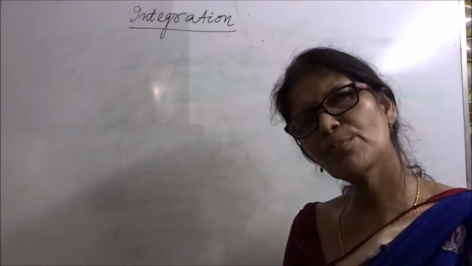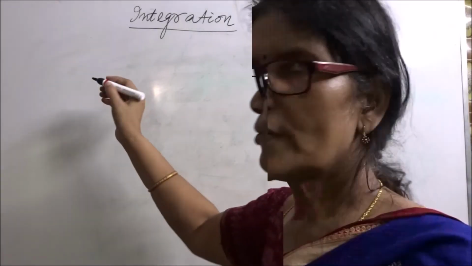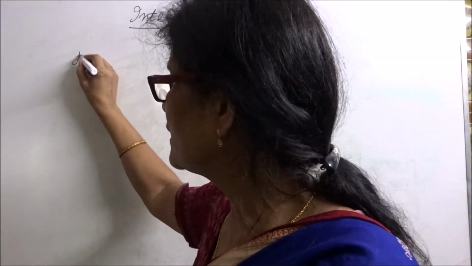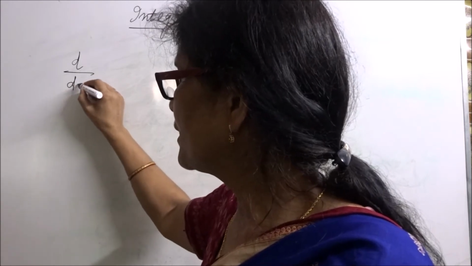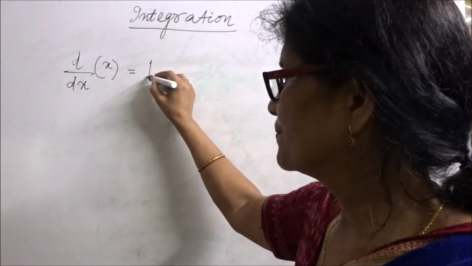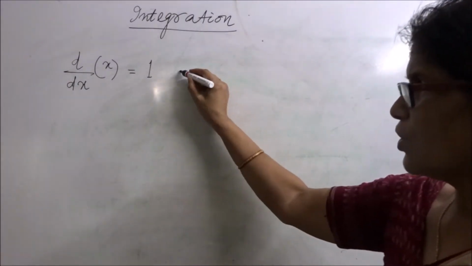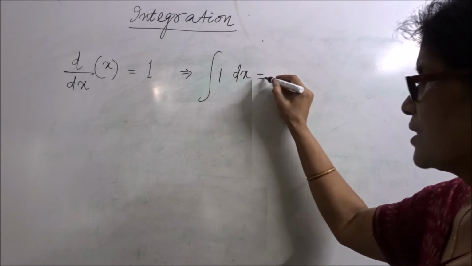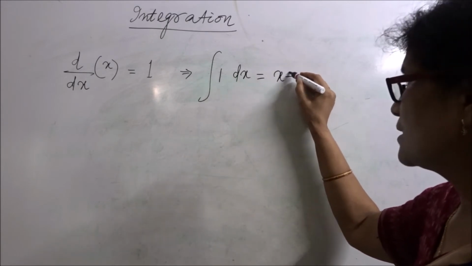Let us start from other examples. Let us take some more examples. So we will write all the antiderivatives of the functions you have learnt in derivatives. So derivative of x is equal to 1. So integration of 1 with respect to x is equal to x plus c.